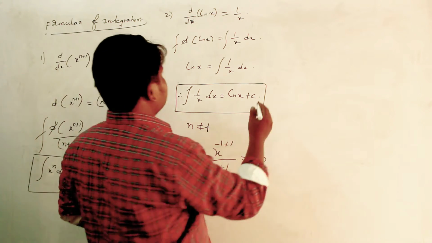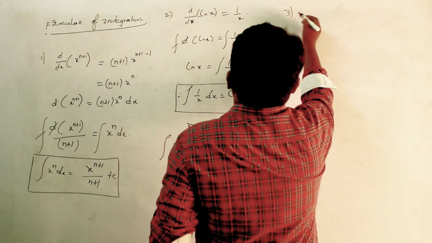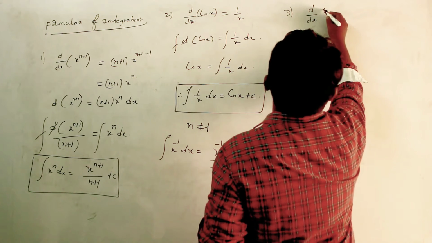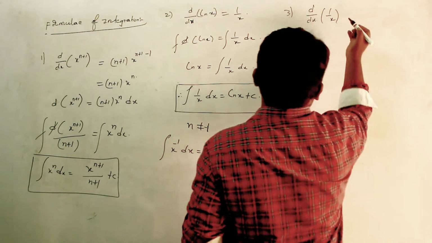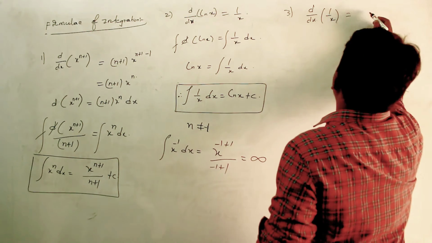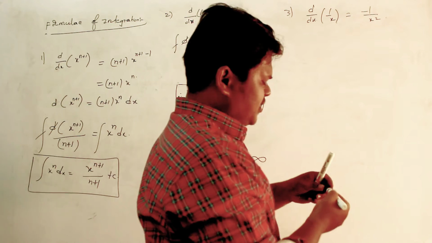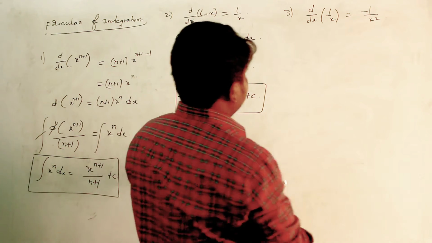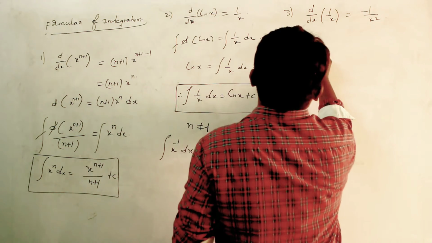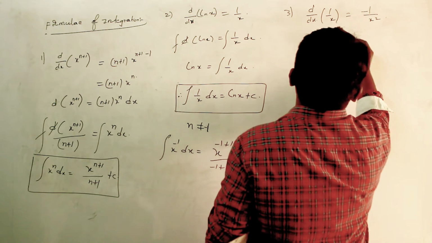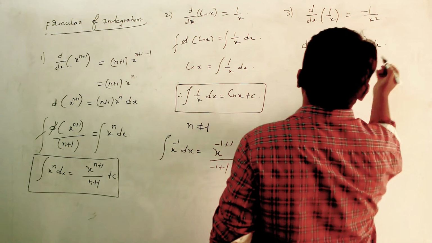Let us see one more relation. d by dx of 1 by x is equal to minus 1 by x square. So how can I write it in the same process? We can write d of 1 by x is equal to minus 1 by x square into dx.